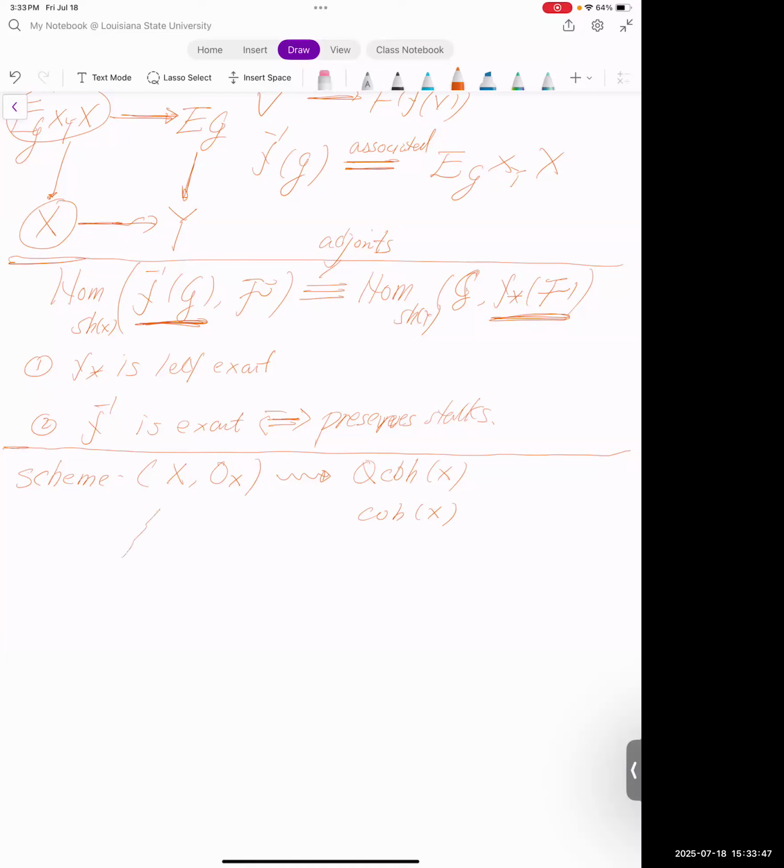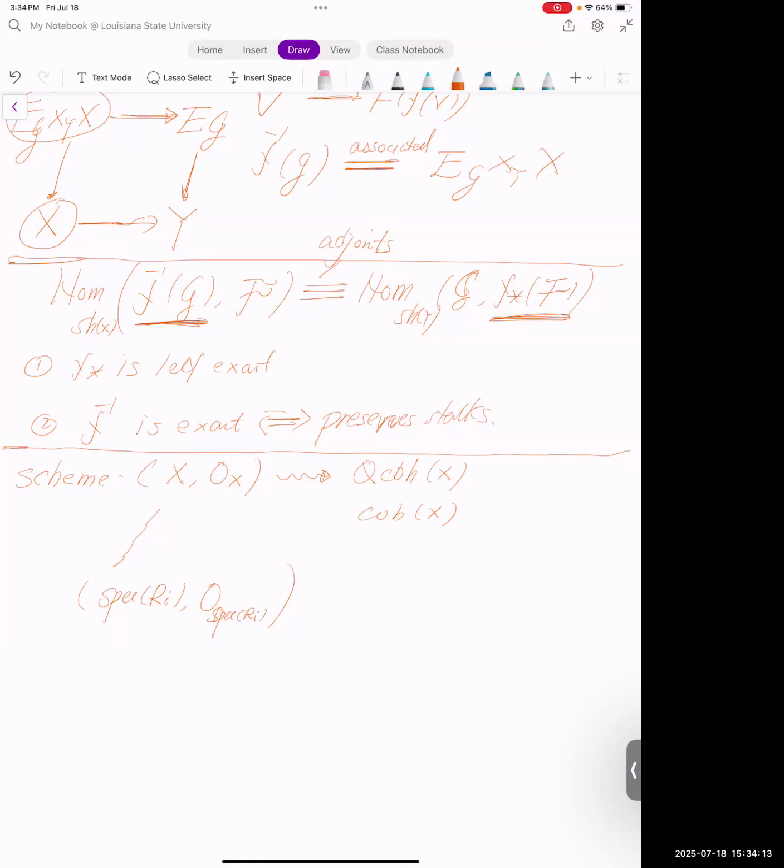One easy way to remember schemes is that they are locally like affine schemes. So locally speaking, you have an open covering of a scheme, which locally is like Spec of some ring I with a structure sheaf, say O_{Spec I}.